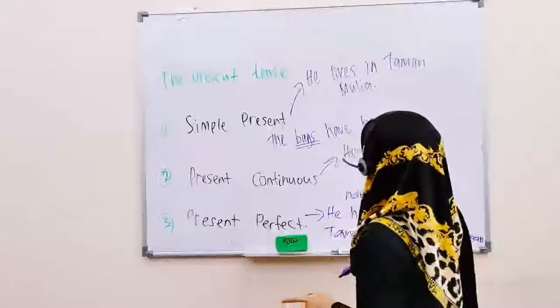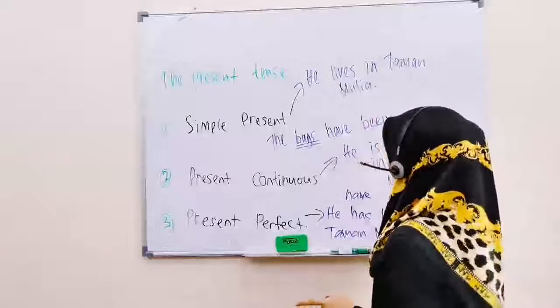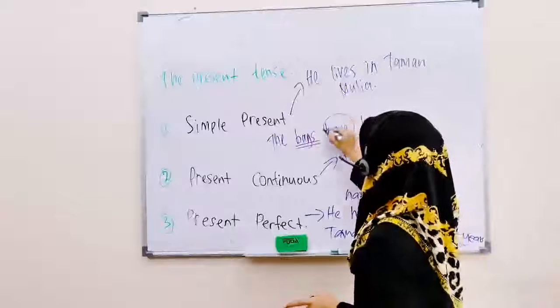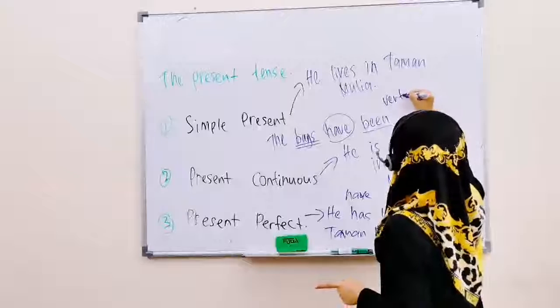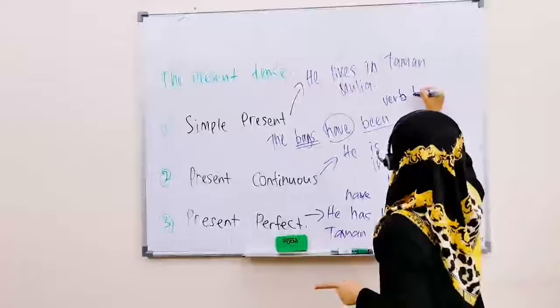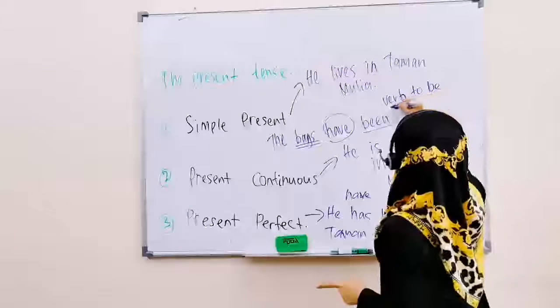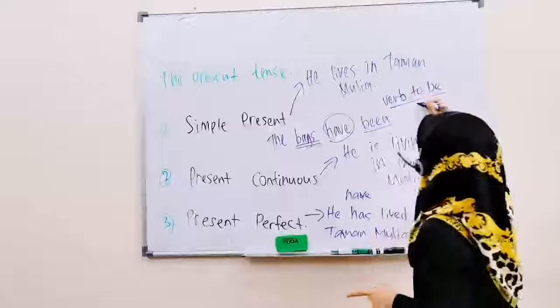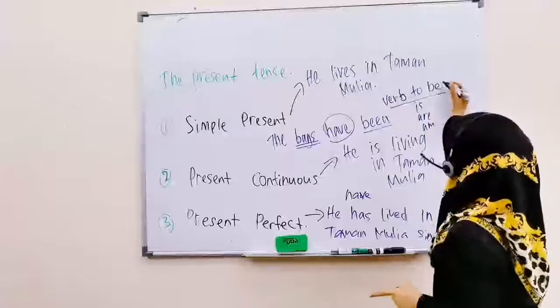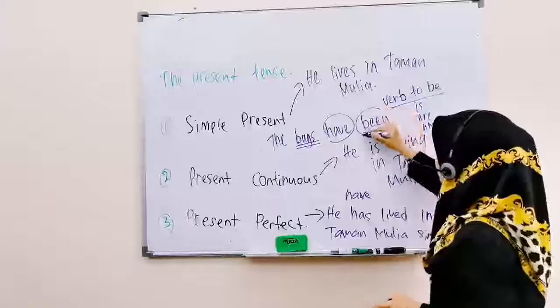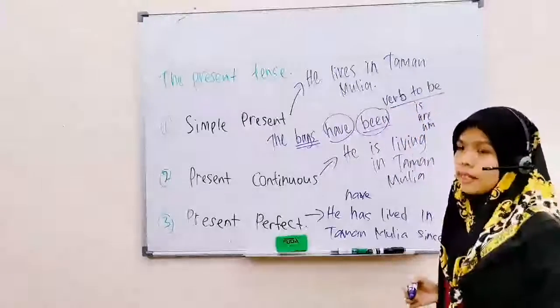Okay, this one is under verb to be. As you know, verb to be we have is, are, and also have. So if you find this one, this means it is in the verb to be.